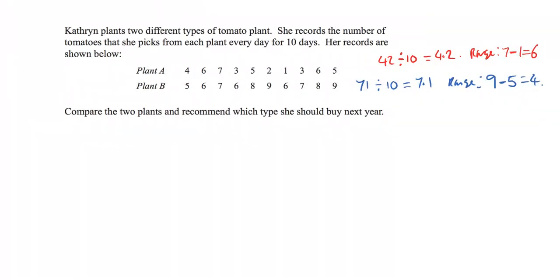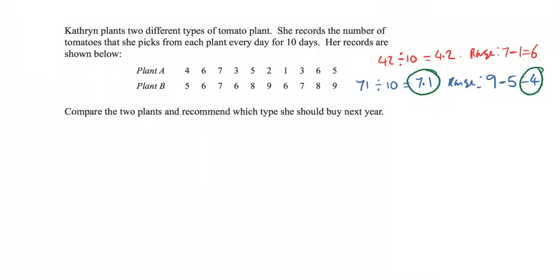So first thing to say is clearly I'm getting more tomatoes from plant B. So plant B gives me more tomatoes because the average per day is a lot bigger, 7.1 compared to 4.2. Also, I can say that the amount that I'm getting off plant B is more consistent because it has a smaller range.